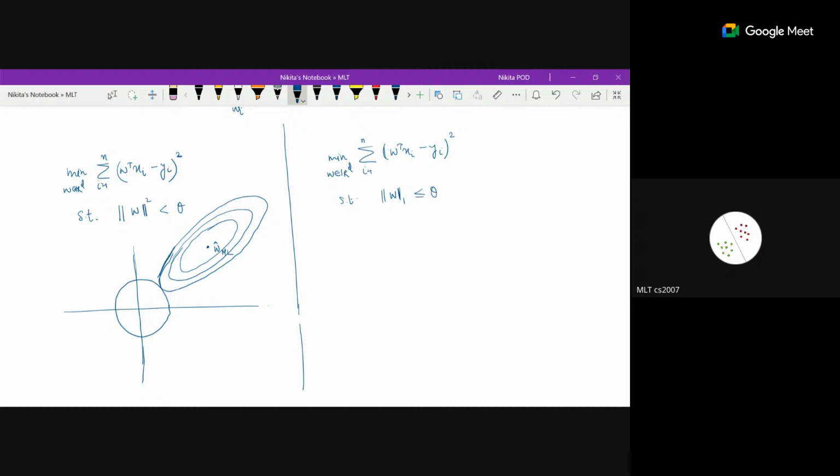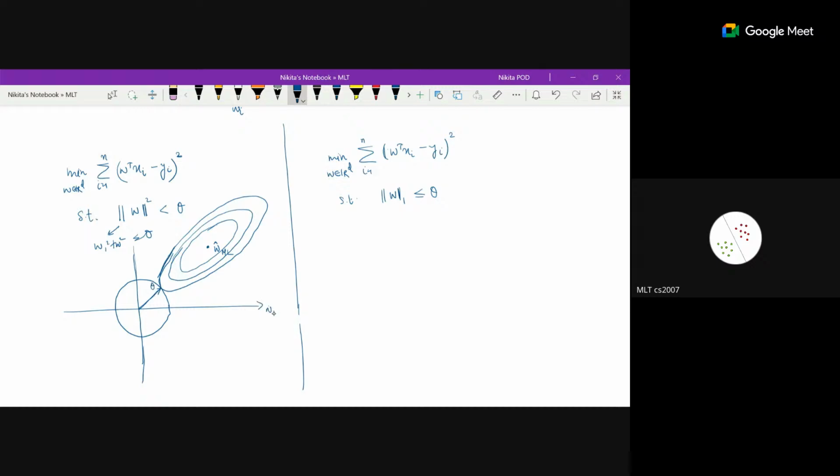There's a mathematical proof of why these contours are elliptical, which we are not going to do. The constraint is norm of W square less than theta, which is W1 square plus W2 square less than or equal to theta, so theta is basically your radius.